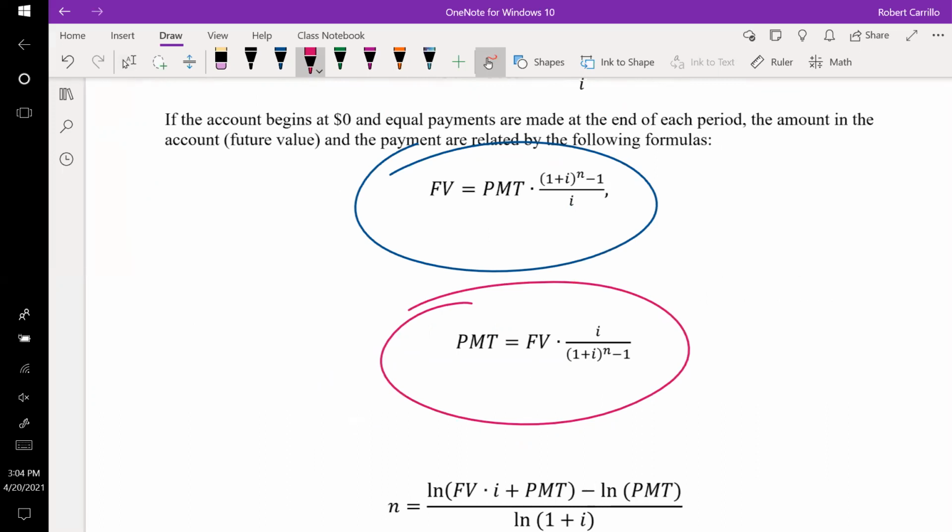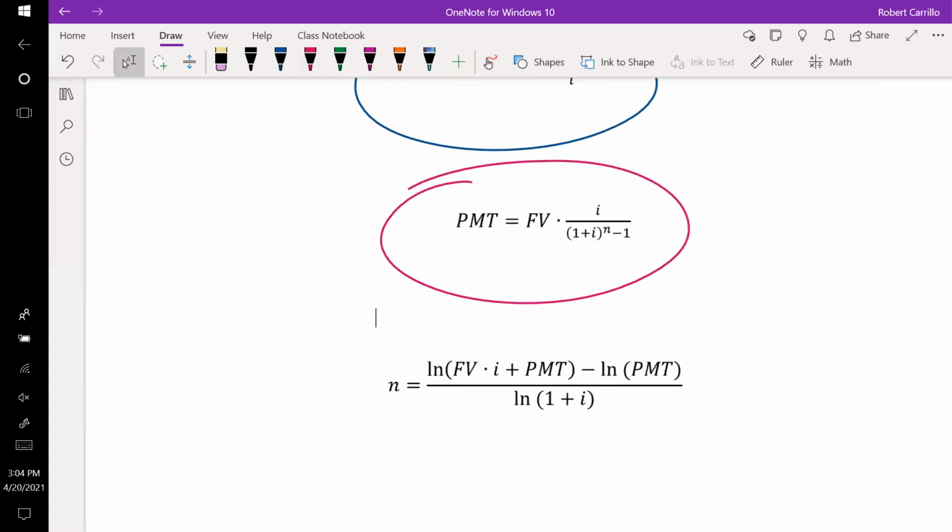And if you wanted to solve for n, which is the number of compoundings, this would be the formula.